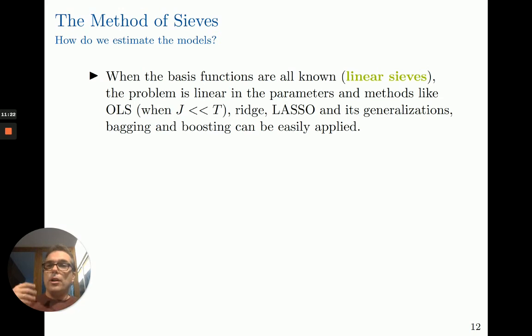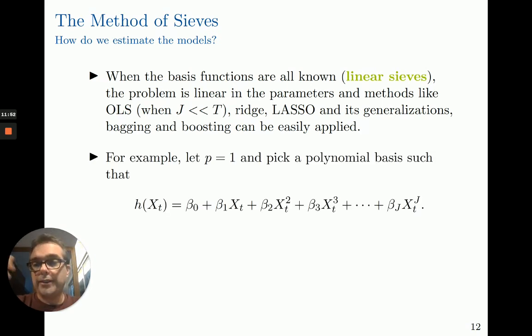So when the basis functions are all known, we call them linear sieves. The problem is linear in the parameters, and methods like OLS, when j is less than T, ridge, lasso, and all its generalizations, and Bayesian boosting as well, can be applied to estimate these models. We are going to discuss a bit about ridge in the second block of this lecture.